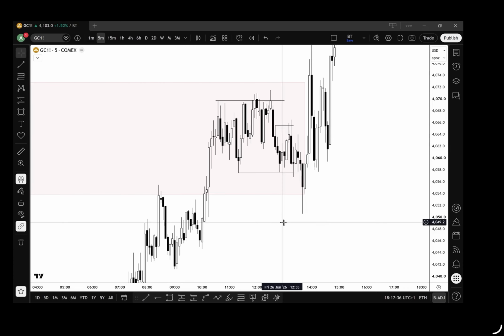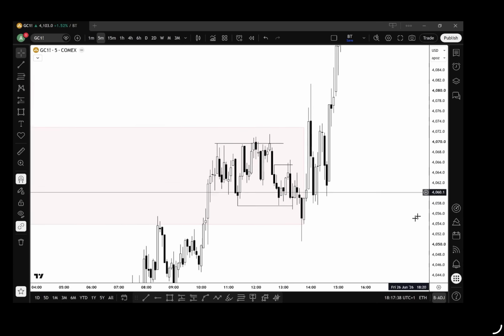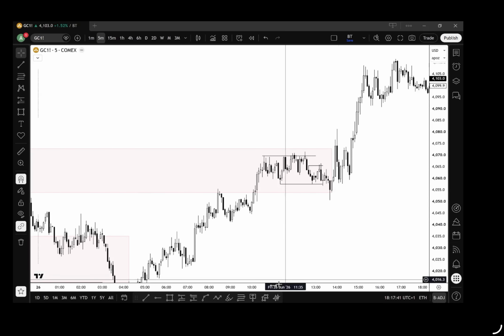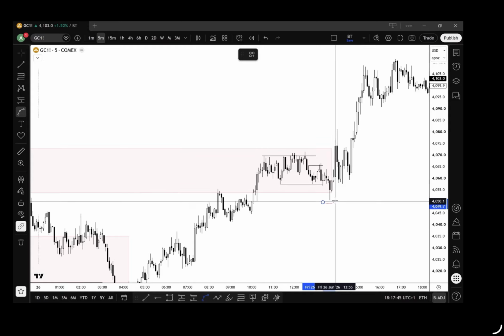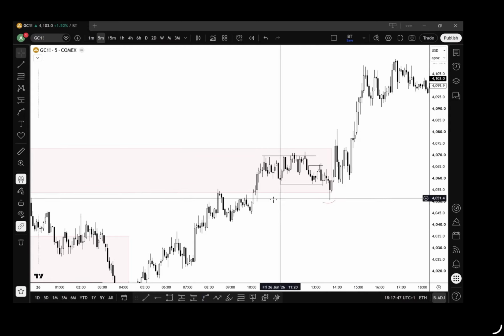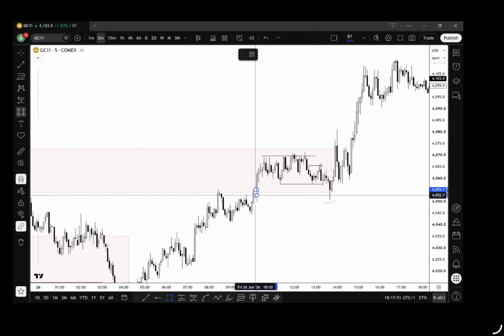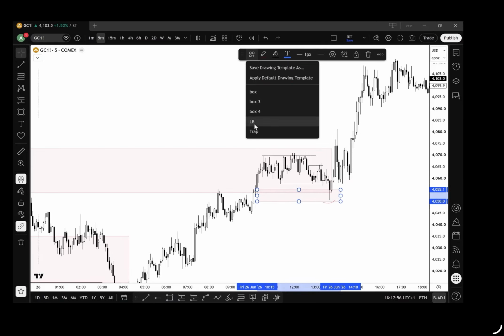So I'll take this whole thing as essentially a liquidity block. Now we are in a liquidity block, which makes this even better. So we have an LB there.